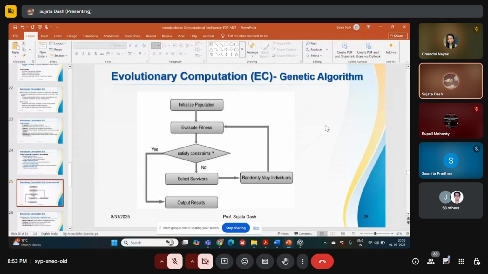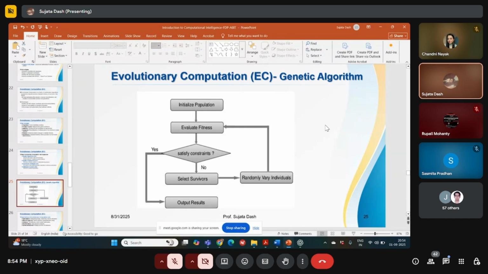So the fitness function can say how close we are to an ideal solution, or similarly for a scheduling problem, whether we are avoiding clashes in the timetable or not. It could be found through this fitness function.